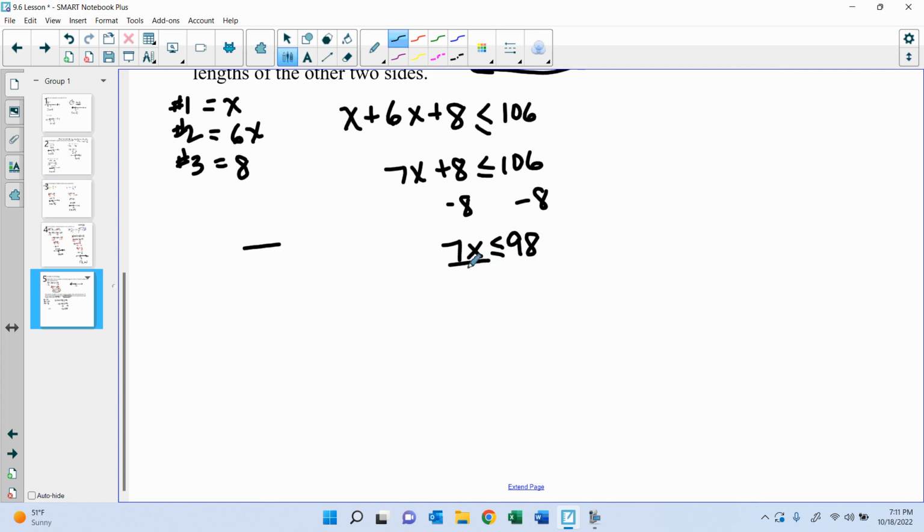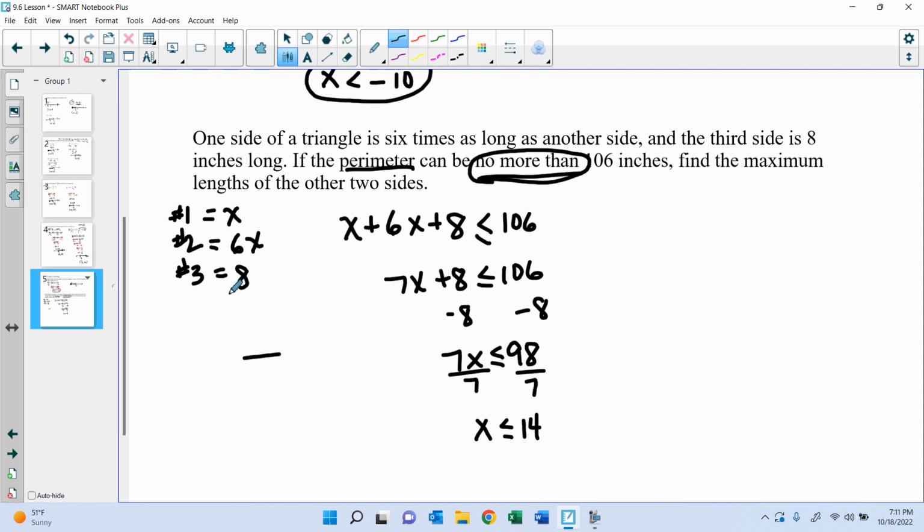And then we're going to divide by 7, so we get x is less than or equal to, and if you divide 7 into 98, you're going to get 14. So what that tells me is, it says find the maximum length of the other 2 sides.